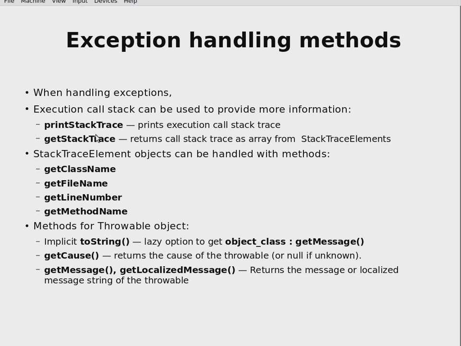And what you can do with these throwables: each throwable gets two internal fields, actually three: cause, message and localized message.